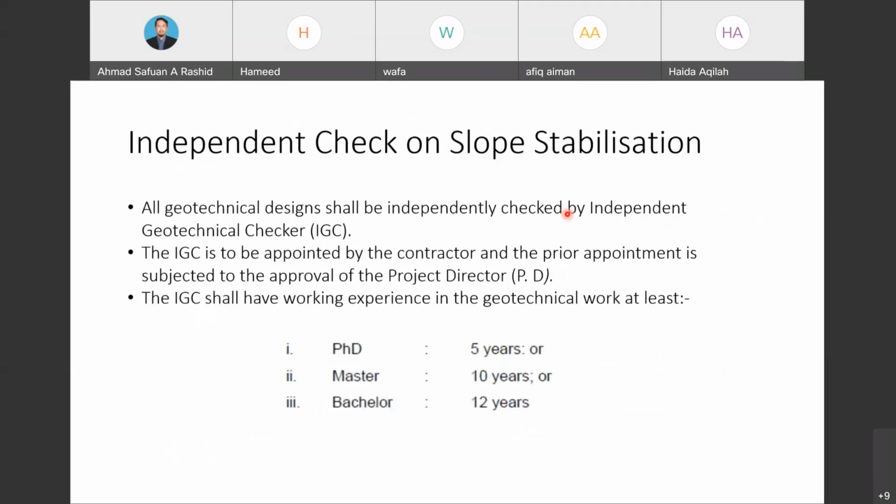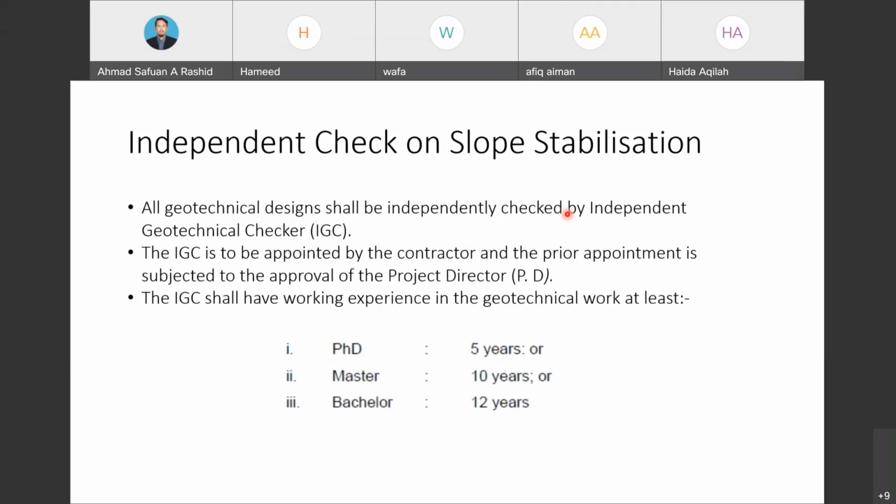Okay, so the IGC should have working experience in the technical work at least. Okay, if he or she has a master or PhD, so at least 5 years, or if he or she has a master at least 10 years, and 12 years if he or she has a bachelor degree.